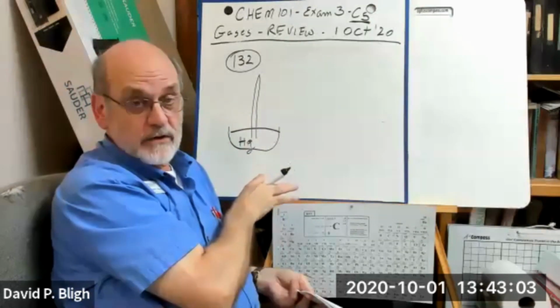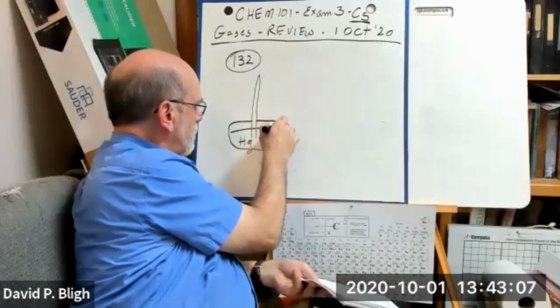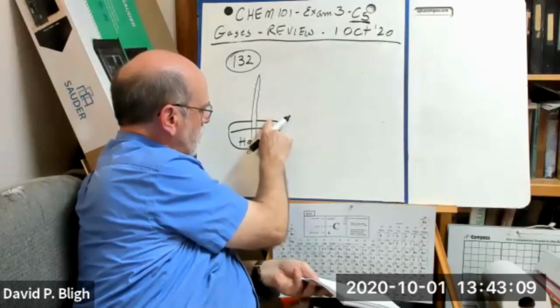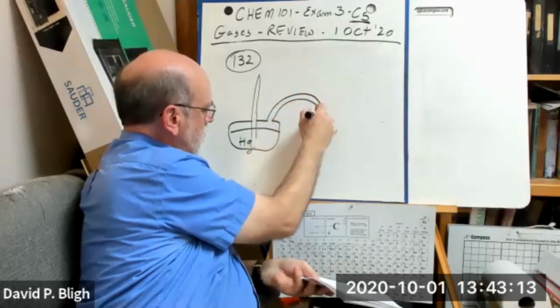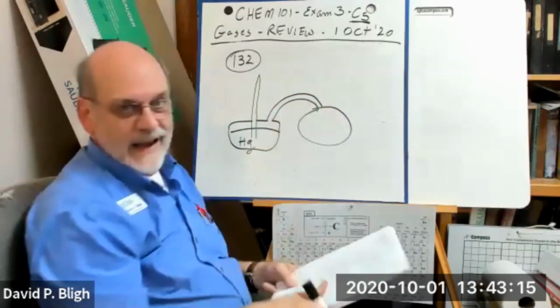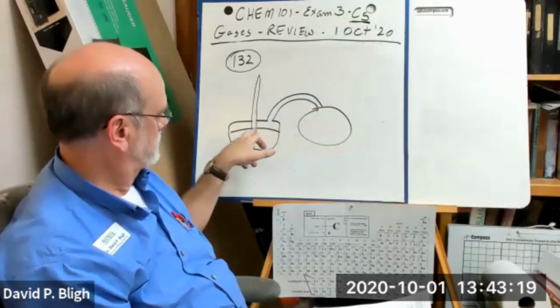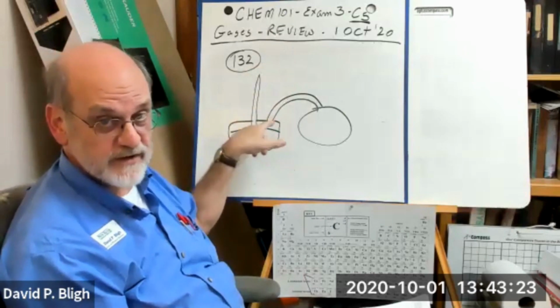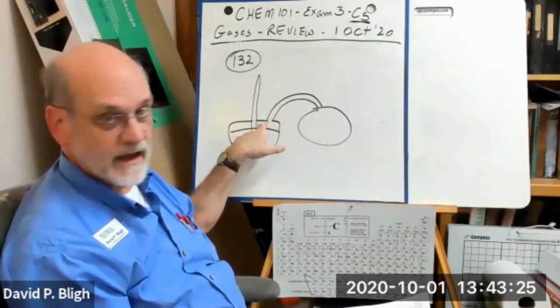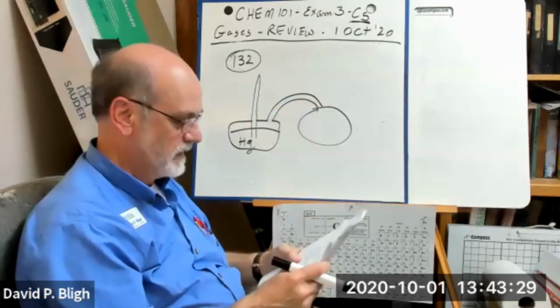A manometer seals this off and allows you to measure the pressure in that vessel. Right? So instead of atmospheric pressing down, it presses down from the gases in that container, that reaction container. So that's a manometer.